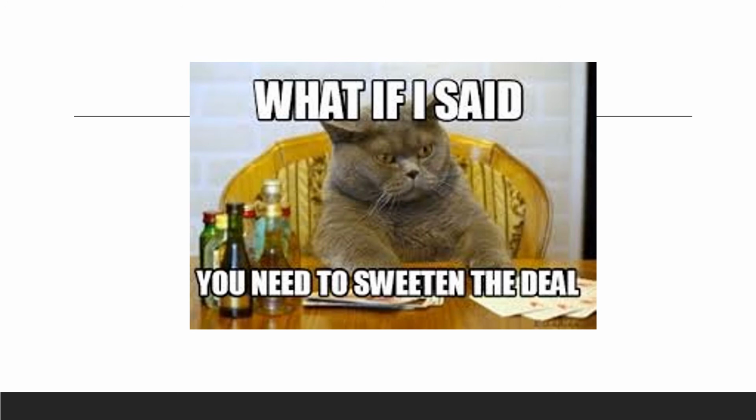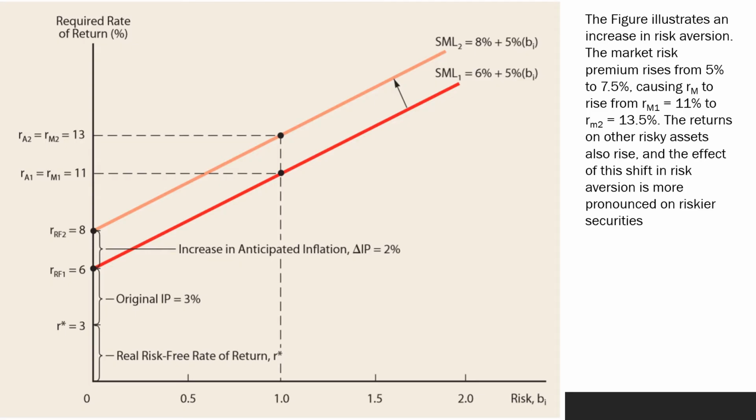And once again, we have to show the market line. Again, you add a premium to the stock. So on top of inflation, on top of the original, you have to add even more to the stock to make it still look good.